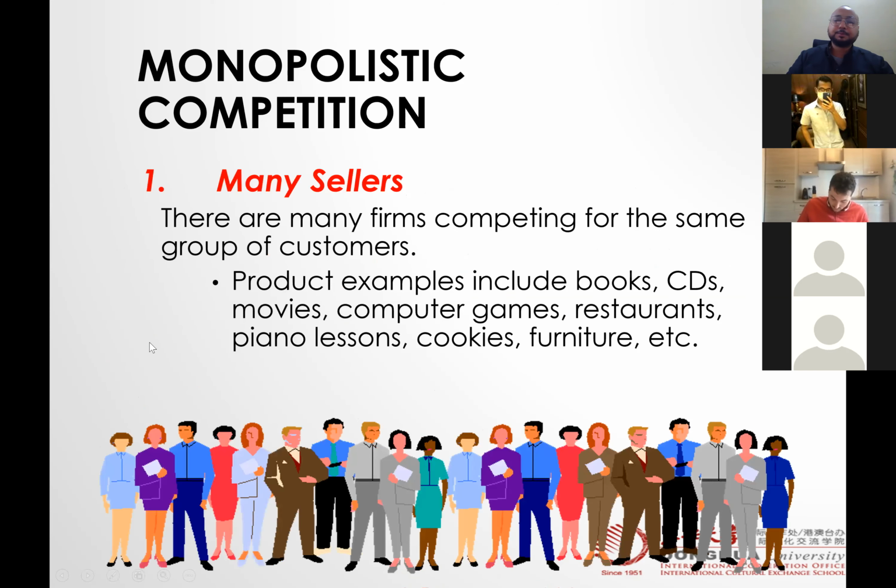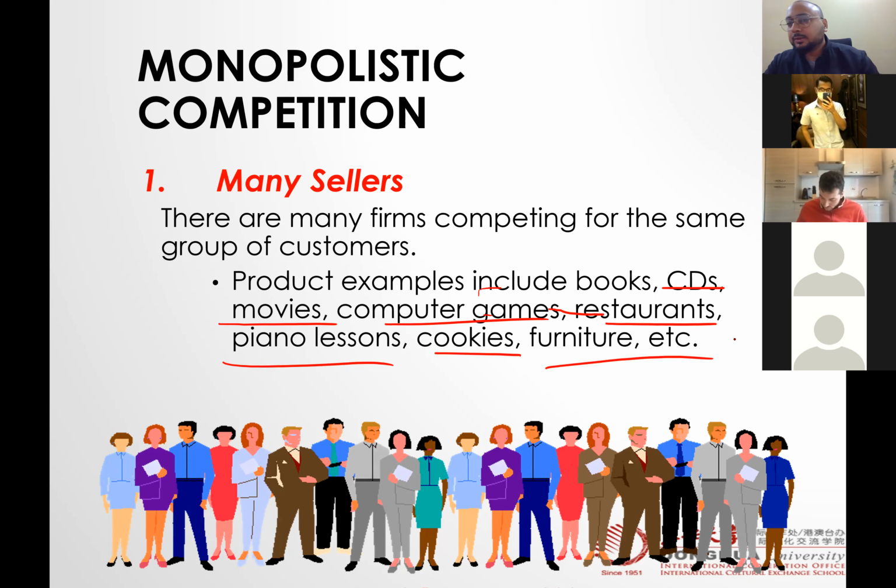Let's move forward. So we already talked about the many sellers, which include books, CDs, movies, computer games, restaurants, piano lessons, cookies, furniture, right? So you see different companies with different designs, different stuff. Purpose is the same, but there is some kind of flavor to the product, right?